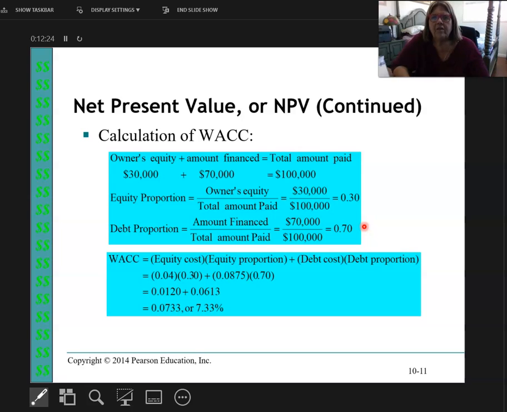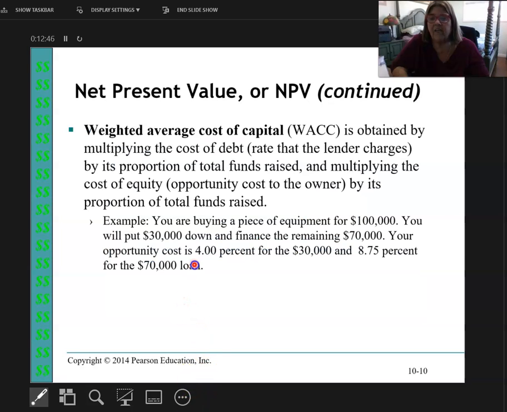Okay? So the actual weighted average on this is I'm going to take 30% times the 4%. 4% is the actual cost or the percent value. Let's go back to this slide right here, okay? The opportunity cost for the 30,000 is 4 and 8.75 for the 70,000.